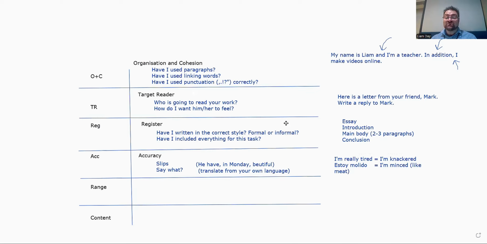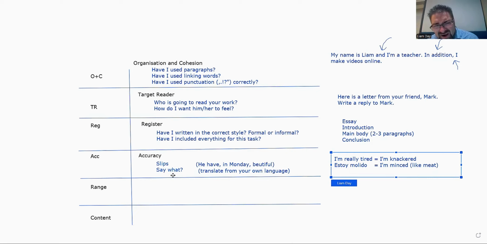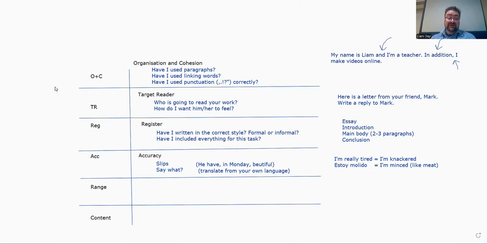Okay? So make sure that you are careful when translating. Because if the examiner or if the reader says, what? Then you have a big problem. Okay, next one, range. Range is all about your grammar and vocabulary. Okay.